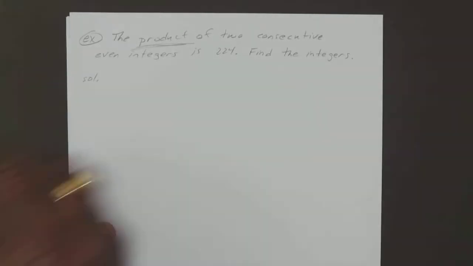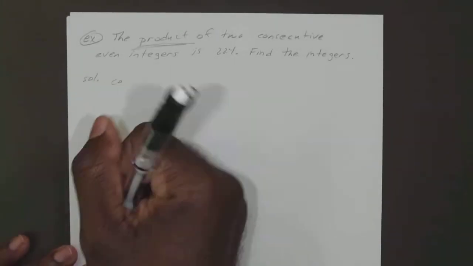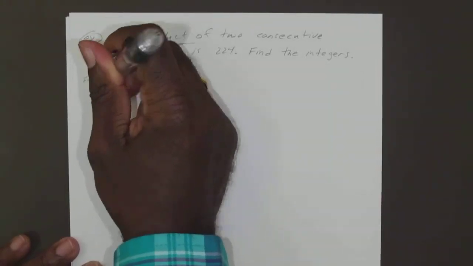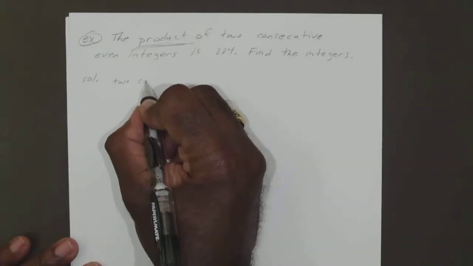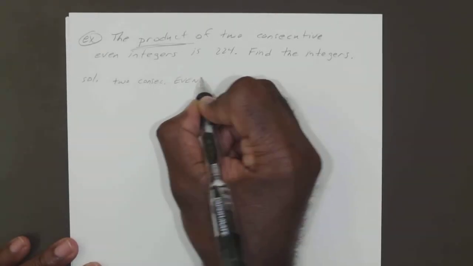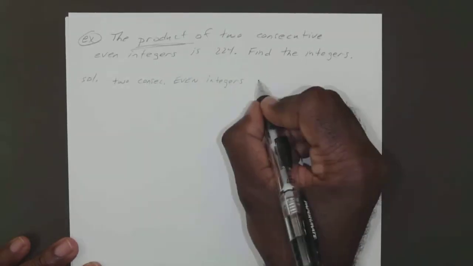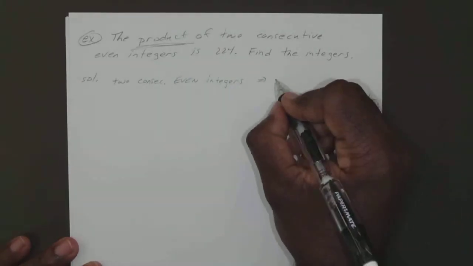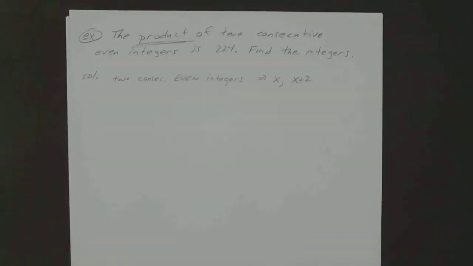We know product, so that means we're going to multiply. We have 2 consecutive even integers, that's just the term x and x plus 2.